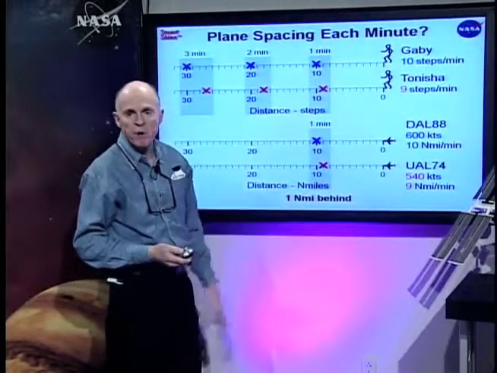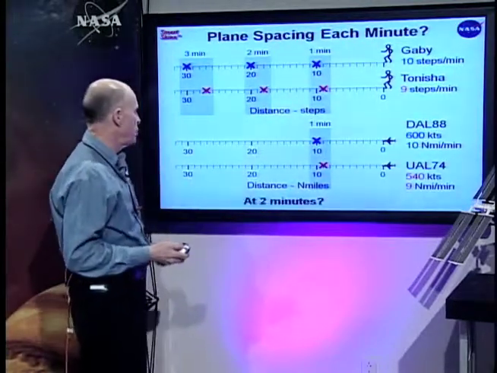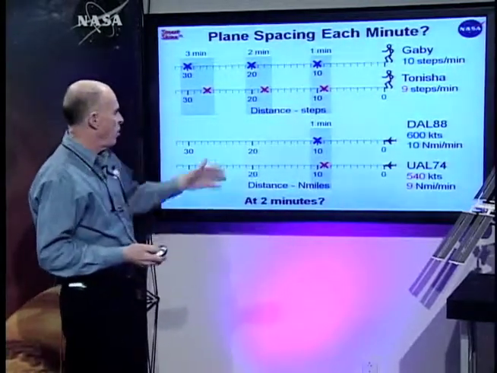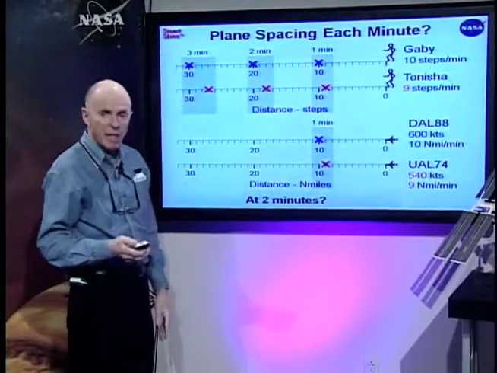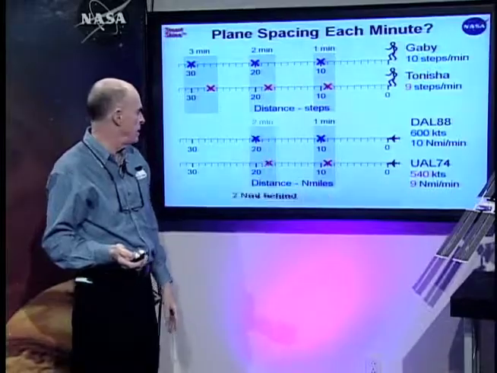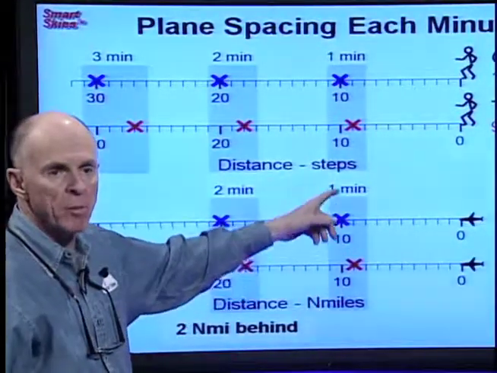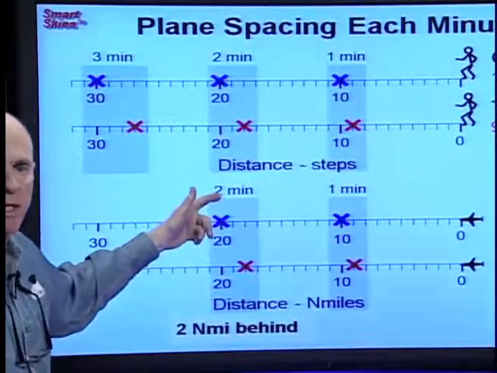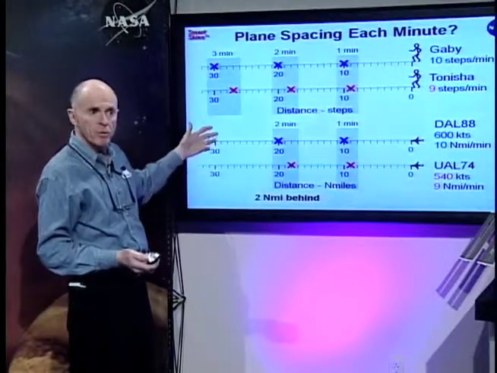United 74 has fallen back 1 mile in 1 minute. What about at 2 minutes? Again, where's Delta 88? How far is United 74 going to be behind in 2 minutes? 20 miles, 2 behind. So 1 mile behind in 1 minute, 2 miles behind in 2 minutes, as you would expect. This is proportional reasoning. 3 minutes, 3 miles.